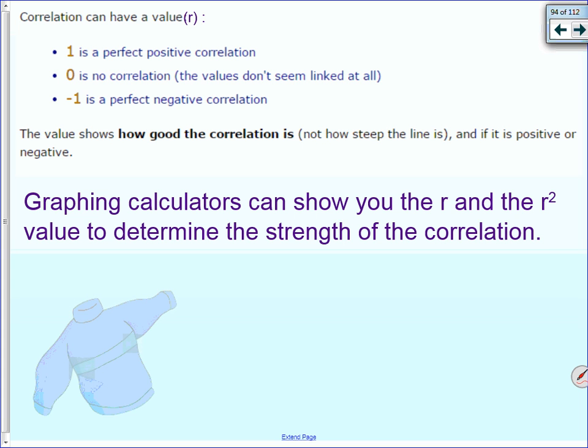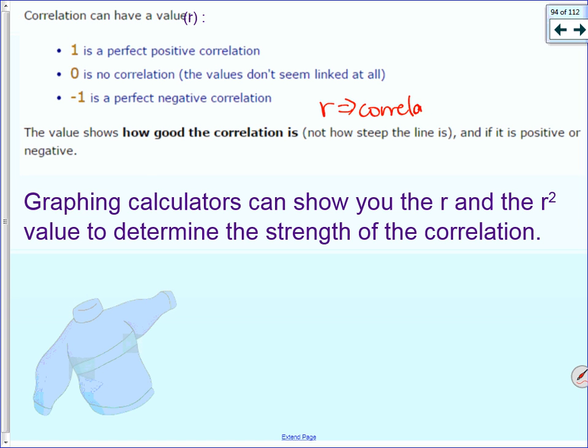The correlation coefficient is the R value, and that tells you how good a fit you have. Meaning, if it is 1, that means you have what's called a perfect positive correlation. If it's 0, there's no correlation. And -1 would be a perfect negative correlation.